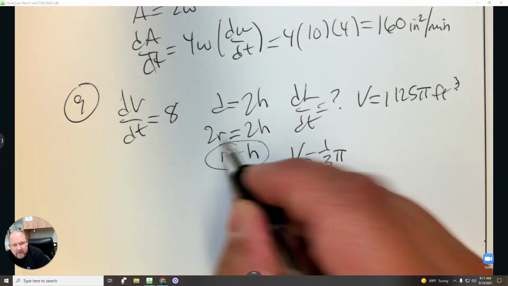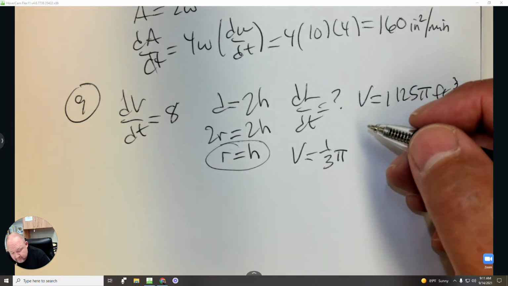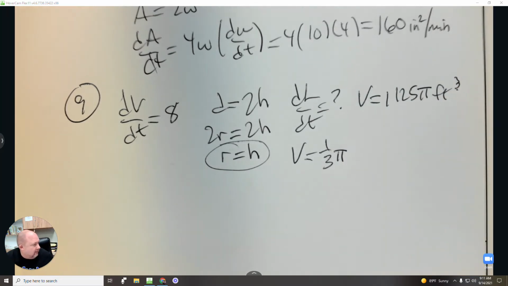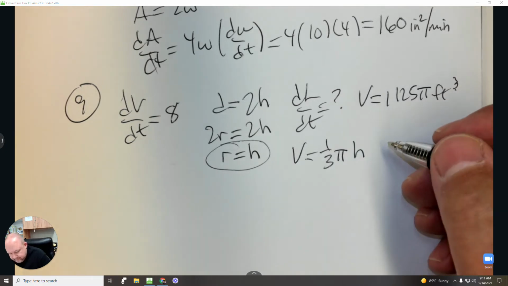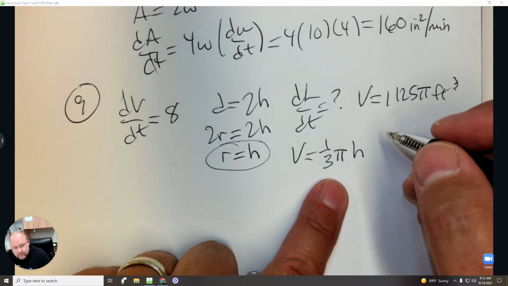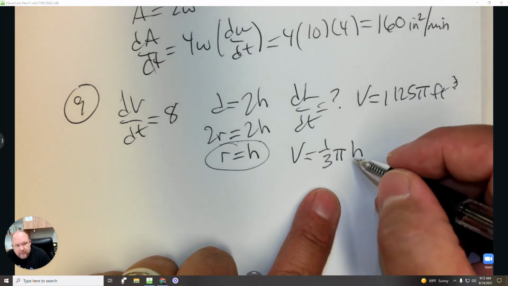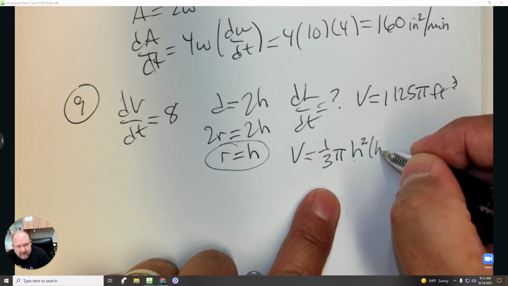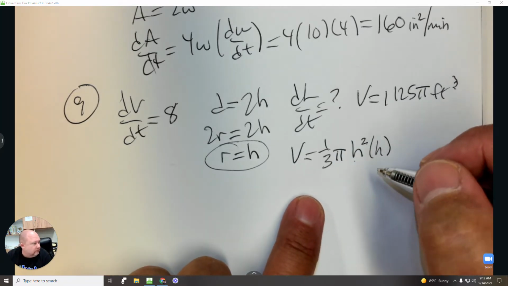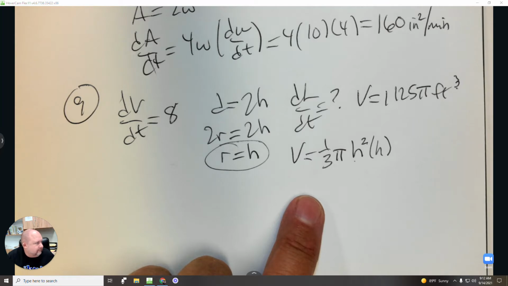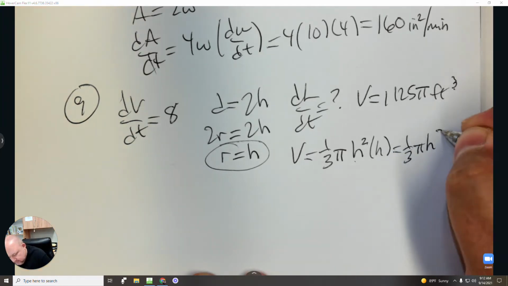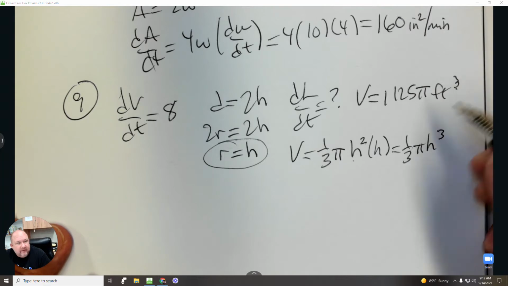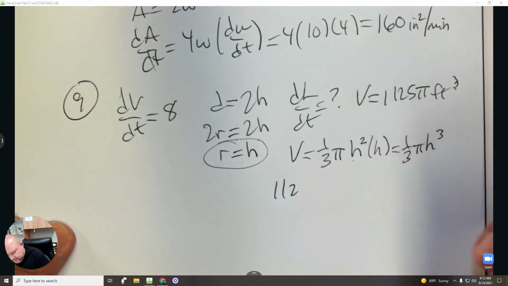Now, I want things only in terms of h, so I can take out the r and put in h. So instead of 1/3 pi r squared h, I can do this. And it says that's the volume.